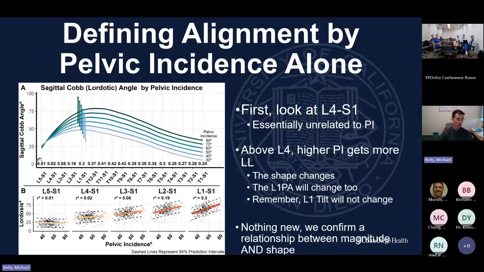It's only once you go above L4 where you start developing some relationship, but the R squareds for those are low because it does not account for the distribution. And the graph above, PI, low PIs are the light blues, high PIs are the dark greens. You can see also that the inflection points change. Where it turns from lordotic to kyphotic can be quite low for a low PI, and it can be quite high for a high PI.